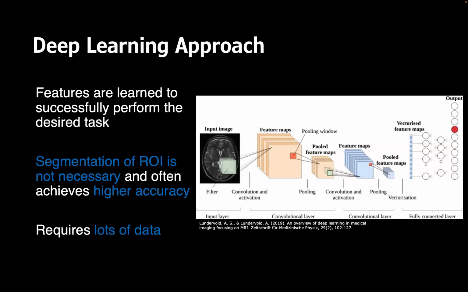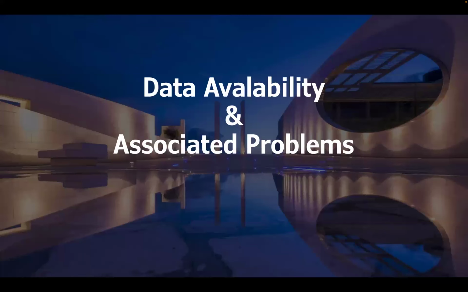And we have been seeing deep learning models achieving higher accuracy than traditional machine learning models, but the downside is that it requires lots of data. And this is one of the problems that we often face in medical imaging, and I would say in any healthcare domain, which is data availability and the associated problems that come with that.